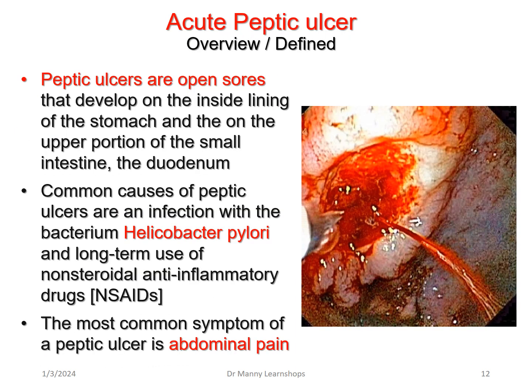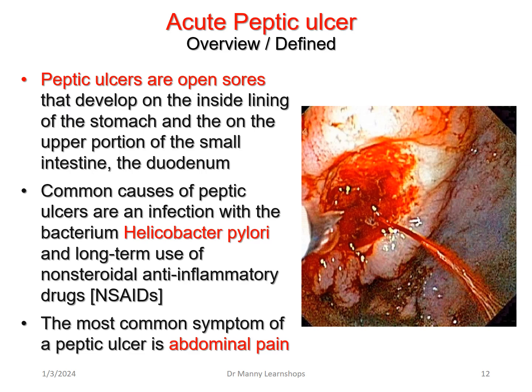When we look at an acute peptic ulcer, well, all ulcers are essentially open sores. Now, a peptic ulcer is an open sore that develops on the inside lining of the stomach and on the upper portion of the small intestine, the duodenum.